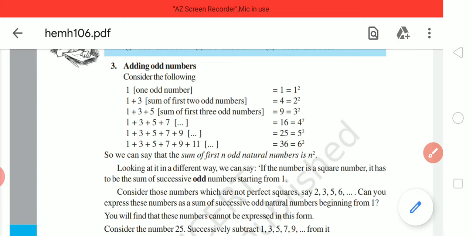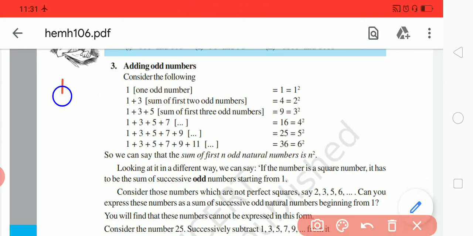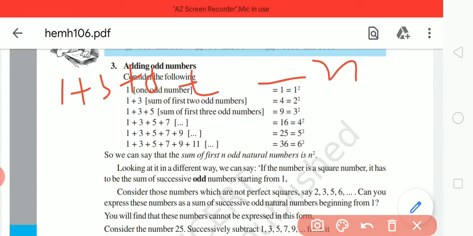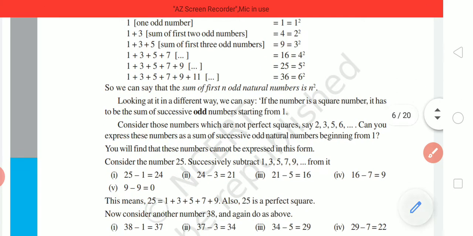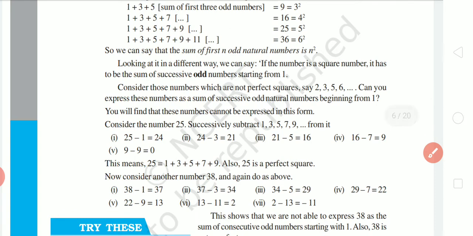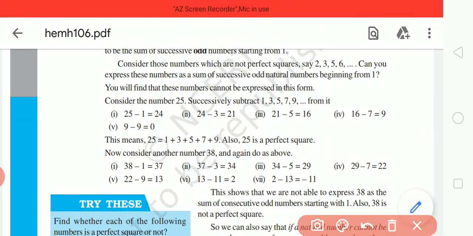For this the formula is, if we have 1 plus 3 plus 5 plus up to n odd natural numbers, so the sum of these numbers is n square, right? And for even numbers we use a subtraction method, means a successive subtraction of the odd numbers.